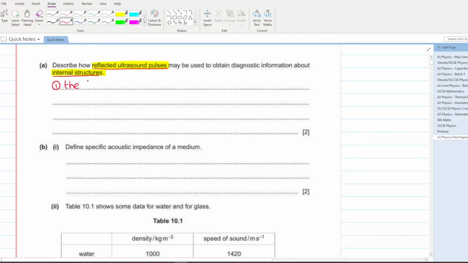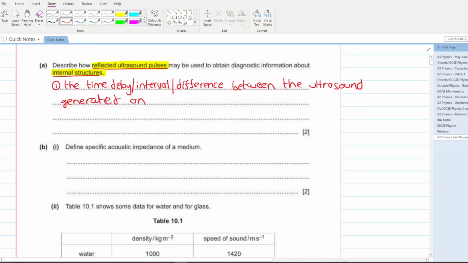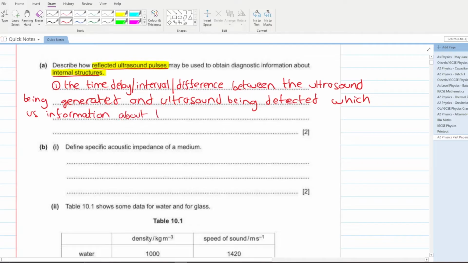The time delay, or you can say interval, or the time difference between the ultrasound generated and the ultrasound being detected gives us information about the depth.